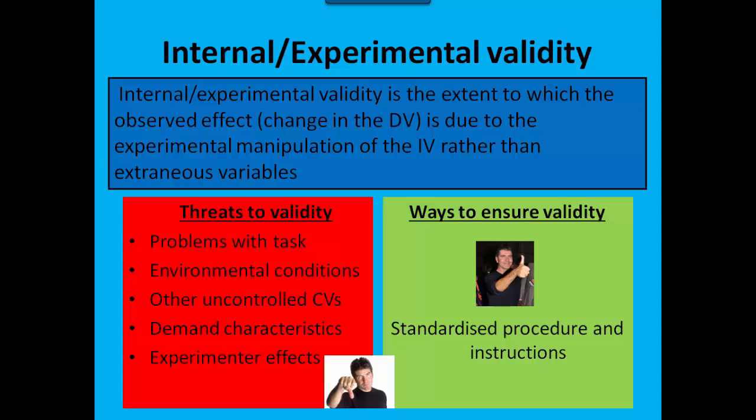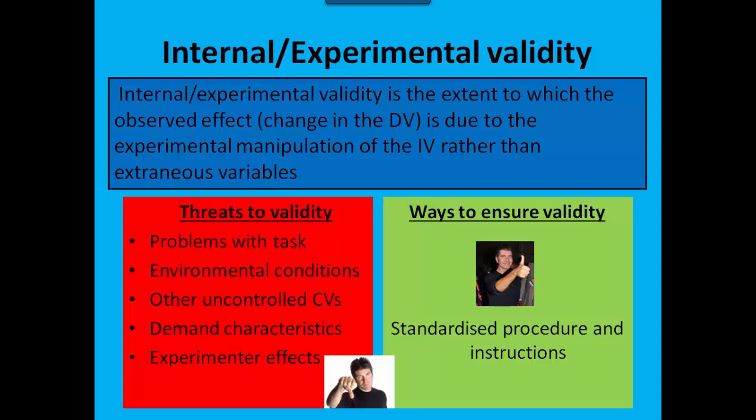Well, if we look at it, this is a field experiment, so we don't have that much control. So here it might be, for example, that there are problems with the task, that we can't control the task properly. One group of participants may have performed one set of exercises, the other group may have performed different exercises.